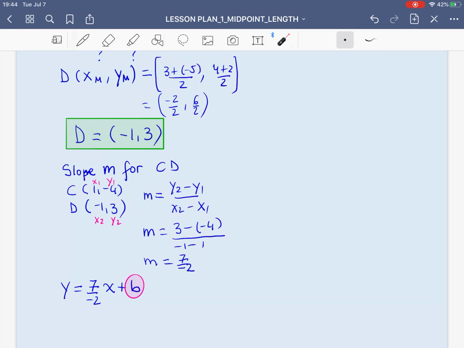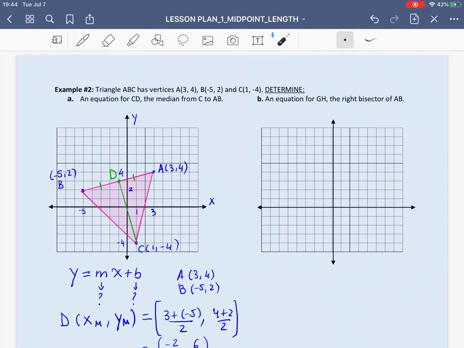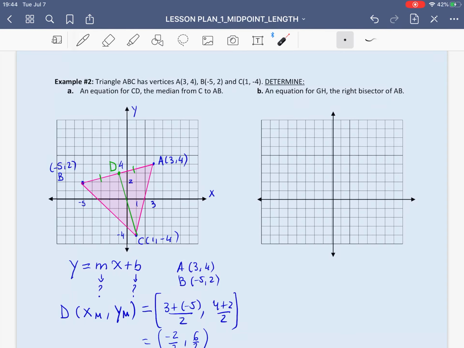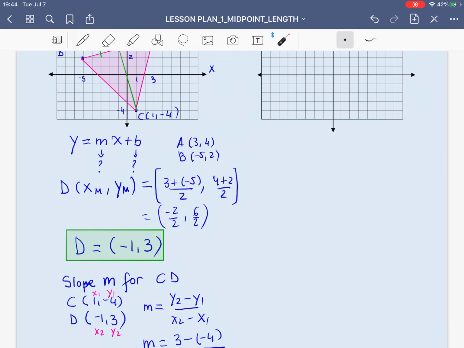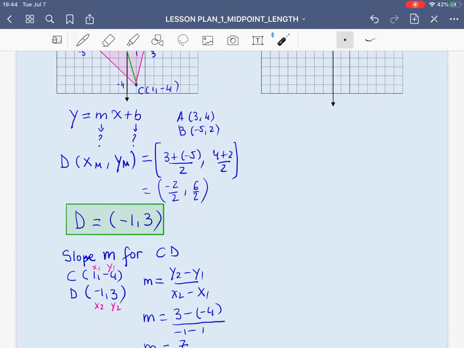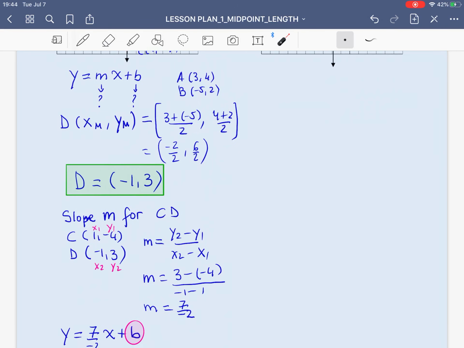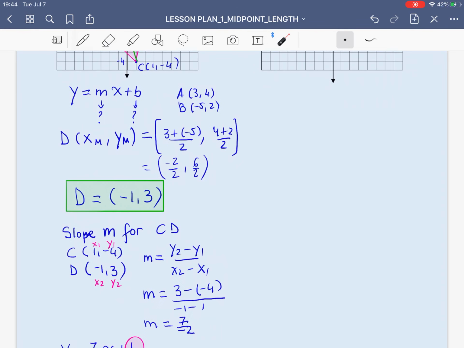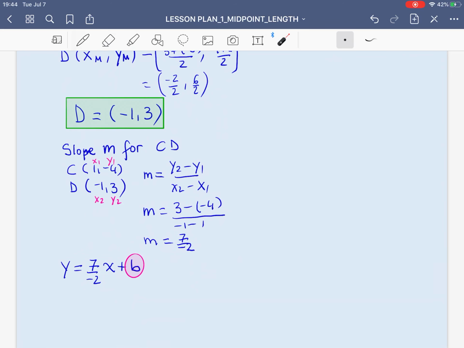We only have b to find. Well, we have an x and a y, so we can use the x and the y of any point on this line. Which point would you use? Either C or D. Let's see which coordinates I like better. I like D, and it has smaller numbers, not much of a difference anyways, but you can use either.